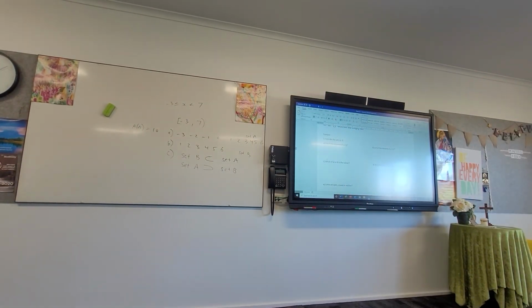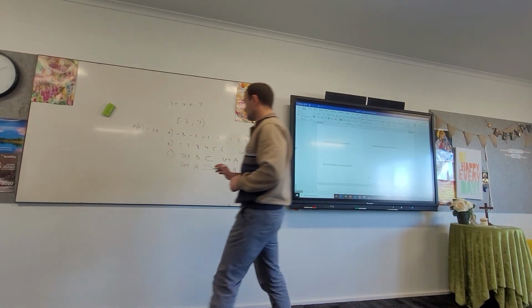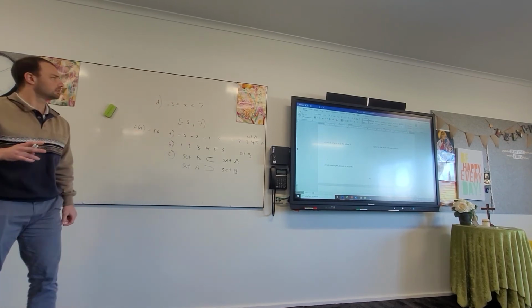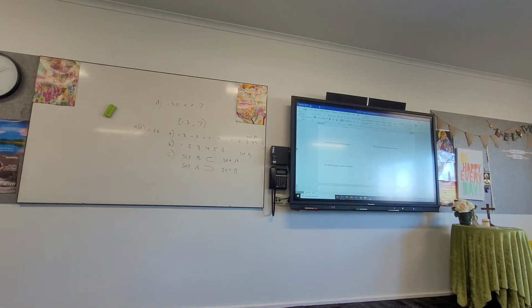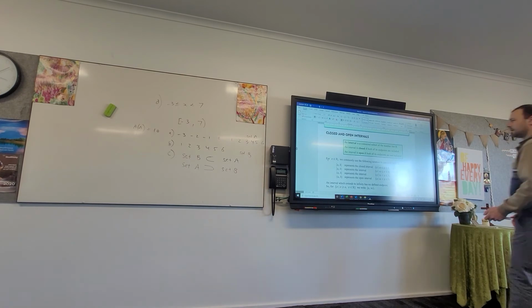Write the set in interval notation. We've done that here, that's part D: -3 is less than or equal to x, which is less than 7. And then part E, is the set open, closed, or neither? Let's refer back to our notes here: closed and open intervals.